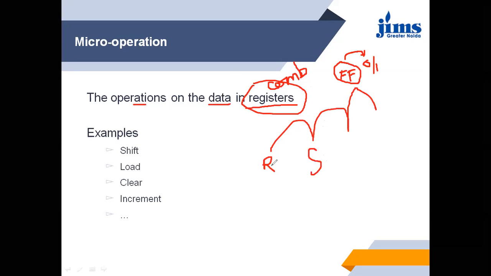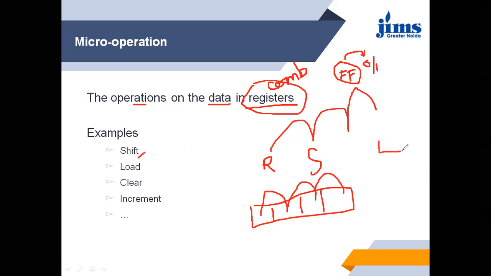Suppose there are 4 bits in a register R, then how can we shift the data from here to here, from here to here? So this is shift.